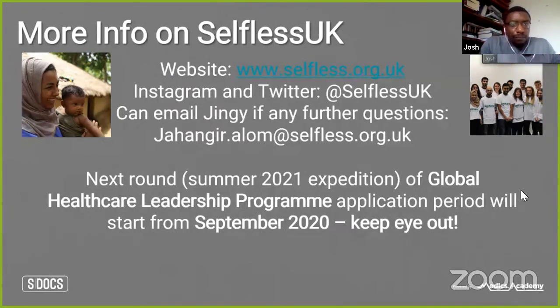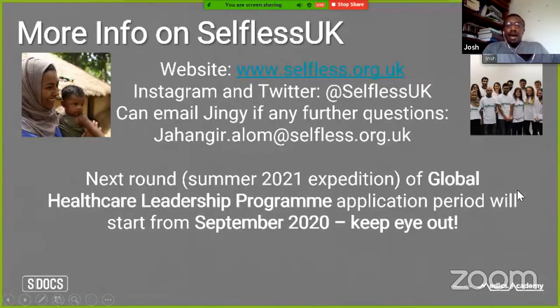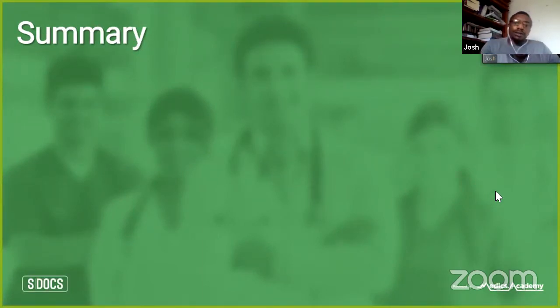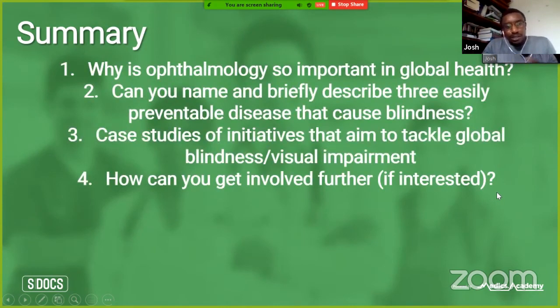So that is the end of part 3, and also the end of this series of videos about an introduction to global health ophthalmology. In summary, I hope these are the kind of aims that I wanted to get across in the videos.